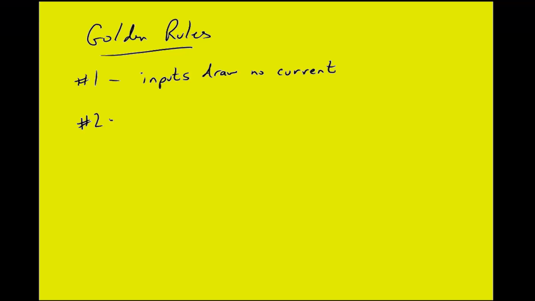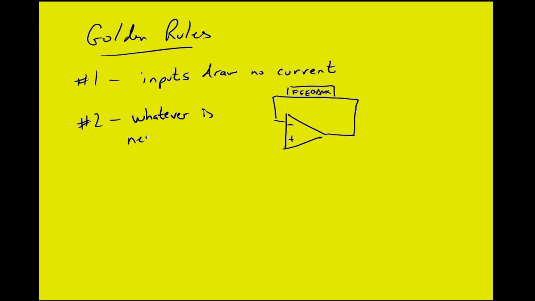And the second one is that when connected with negative feedback, so when the output is connected back to the inverting input on the op amp, and there may be some feedback circuitry involved here, the op amp will do whatever is necessary to make the two inputs, the inputs at V minus and V plus, the same.